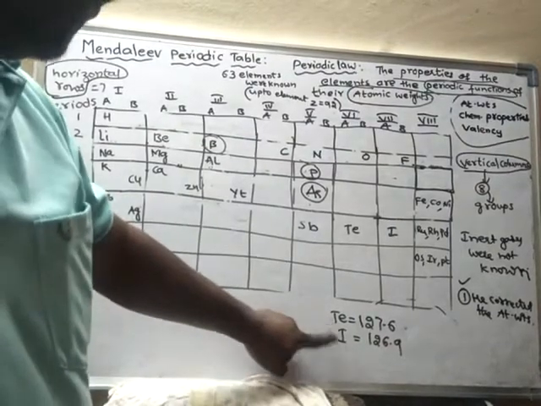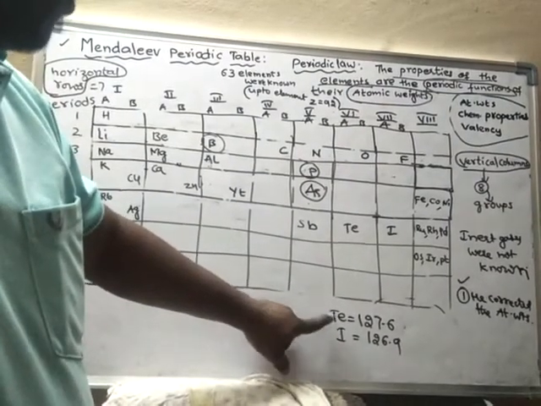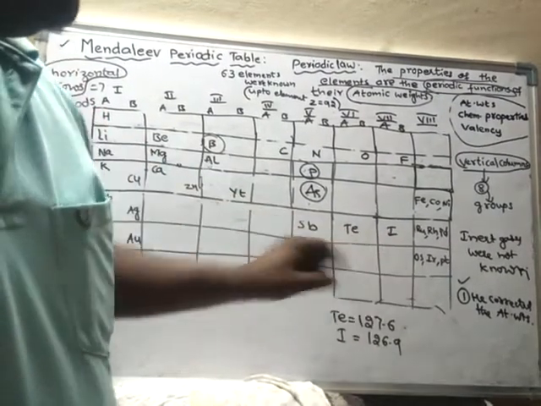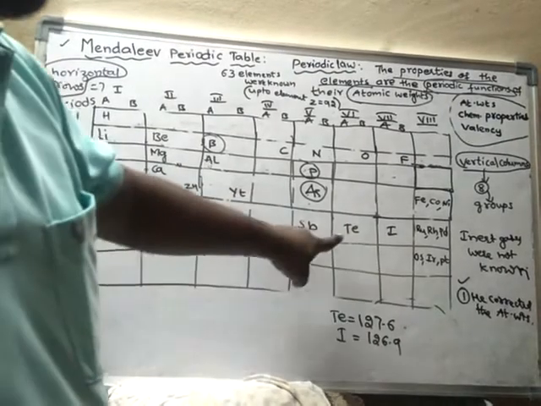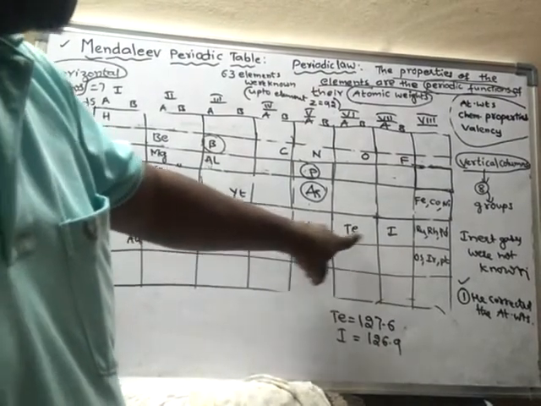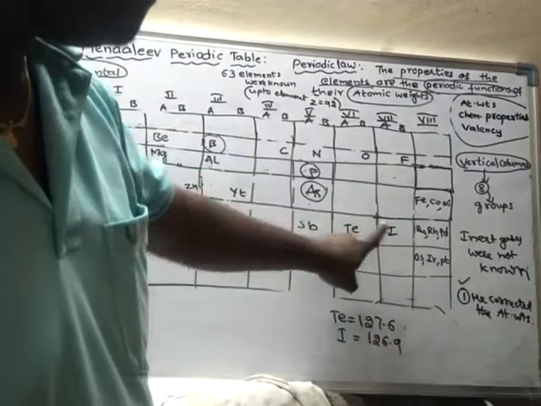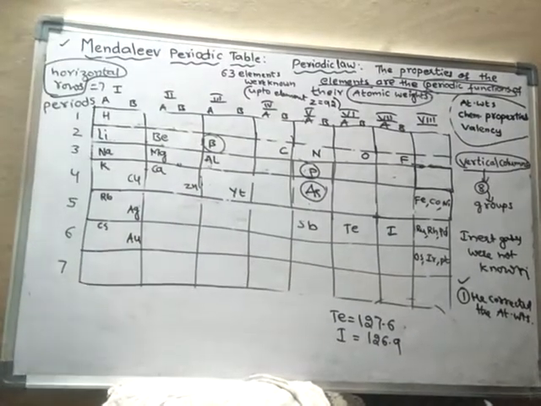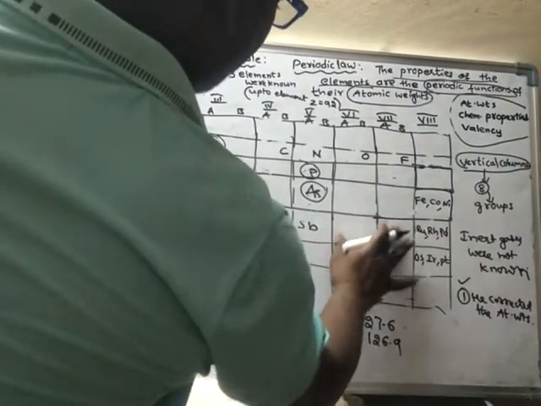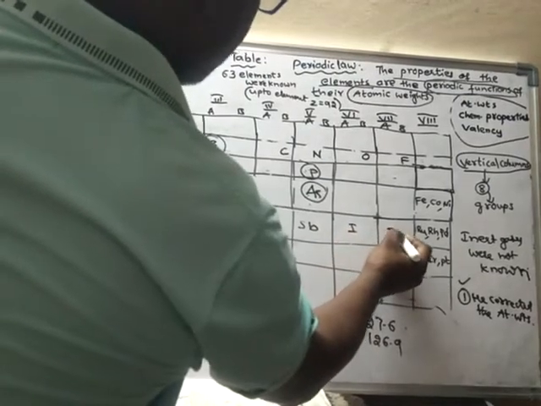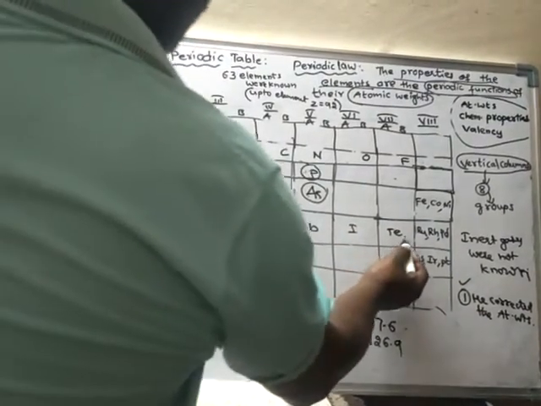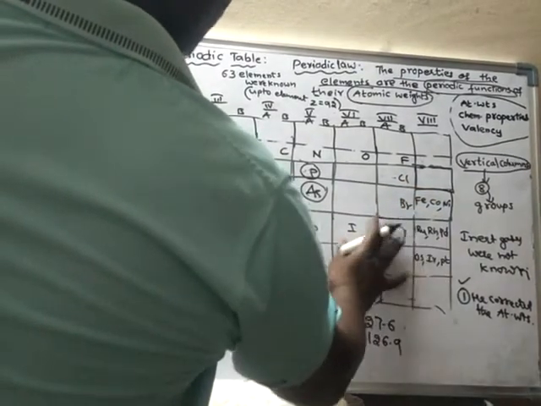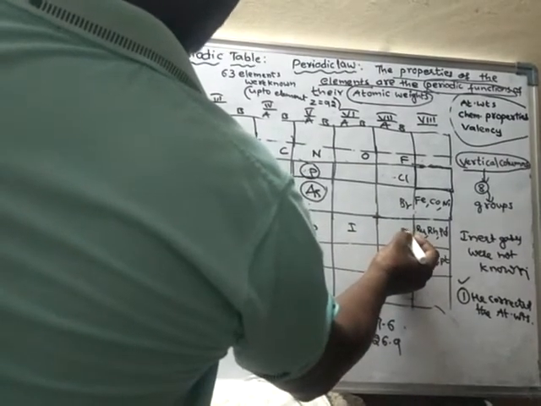So the atomic mass of which one is greater? Tellurium is greater than iodine, but he placed tellurium before iodine. Though the atomic mass of tellurium is greater than iodine, tellurium was placed before iodine and iodine was placed after tellurium. What is the reason? Actually he tried to keep iodine here and tellurium here, but when tellurium was placed here, what happened?